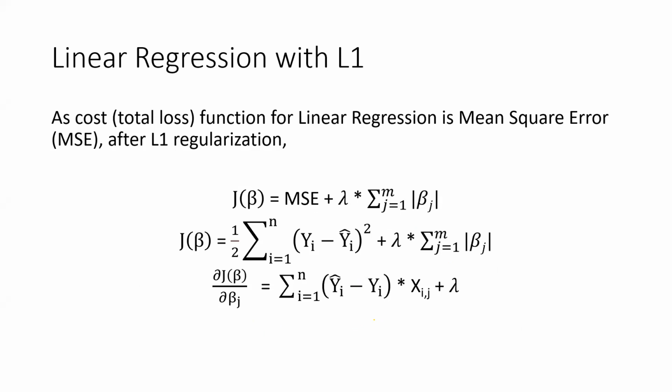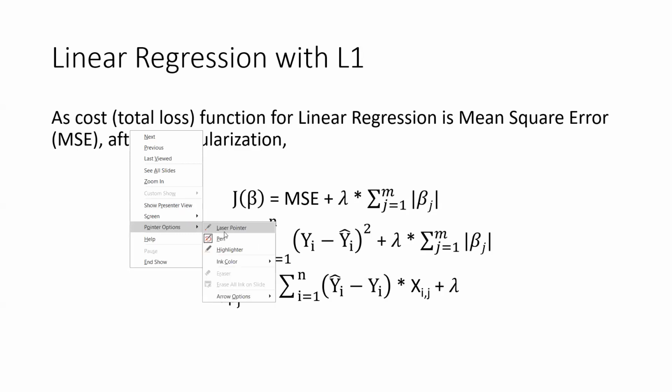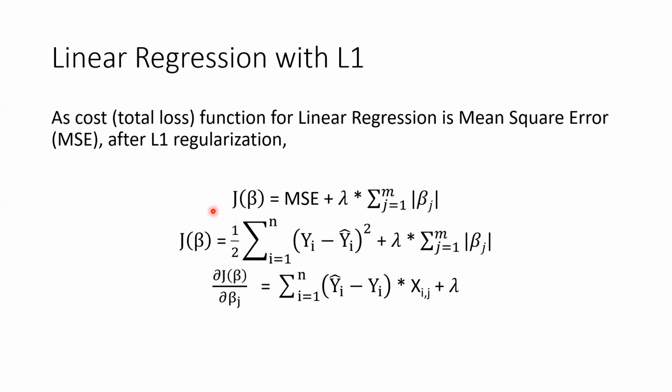Okay, so this is how we apply L1 regularization for linear regression. This is the J beta value, the cost function for linear regression: mean square error plus this error term, for the L1 regularization.